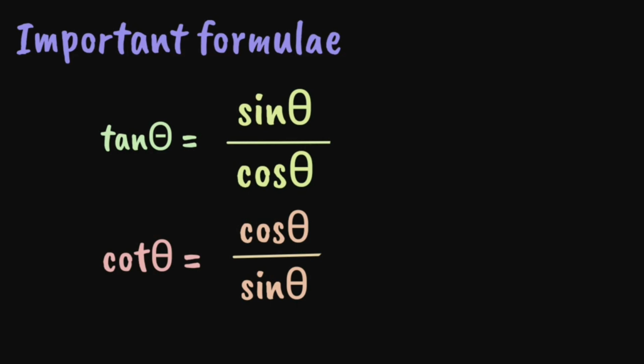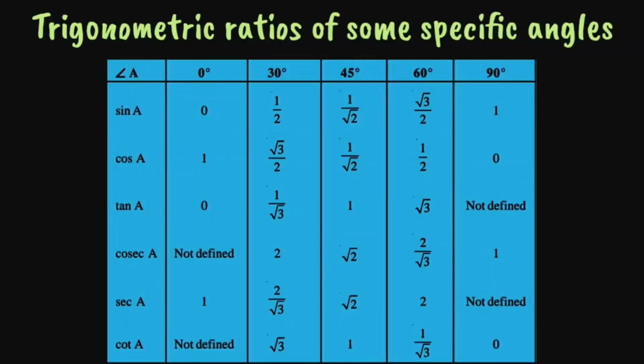Then you have to study these two important formulae. Then we have discussed trigonometric ratios of some specific angles. You have to study all these values, and in the previous video you have seen how to remember these values easily. We have discussed some tricks. Isn't it, children?